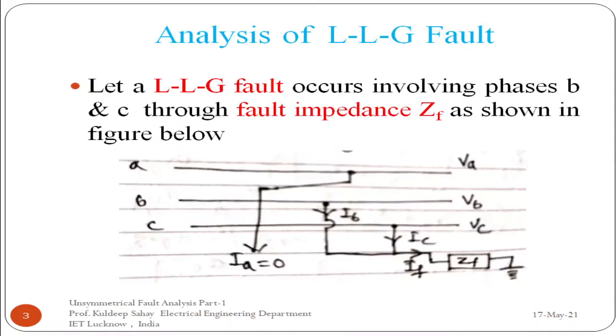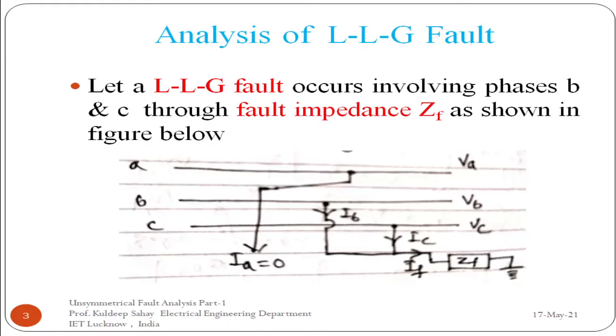Now coming to the double line fault, here the fault takes place between phase B and C. B and C are directly short circuited, but the short circuit is connected to the ground through a fault impedance ZF.